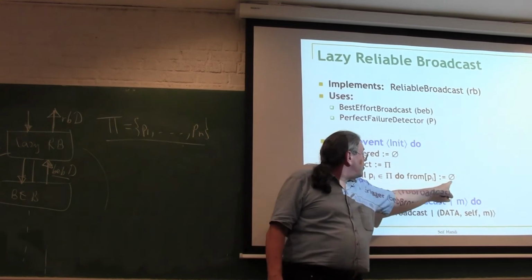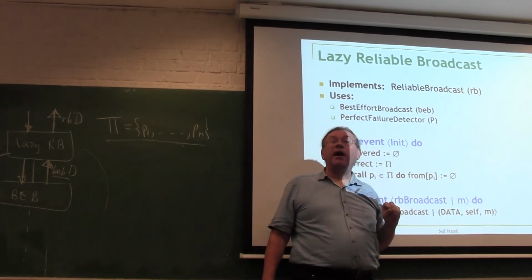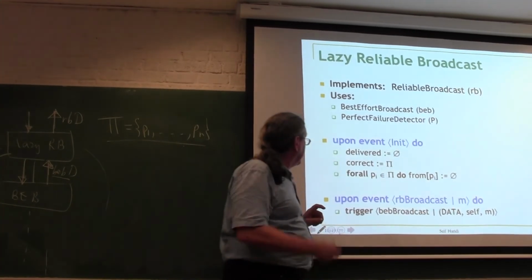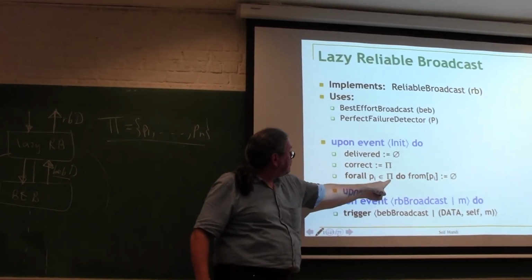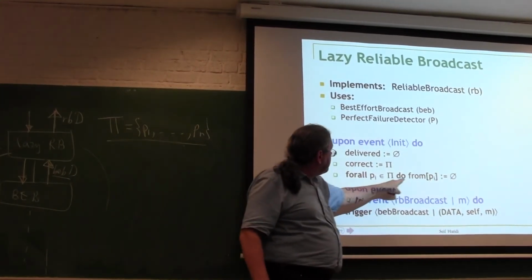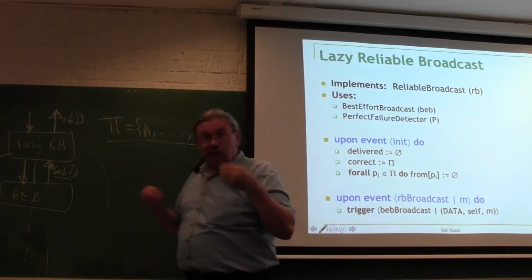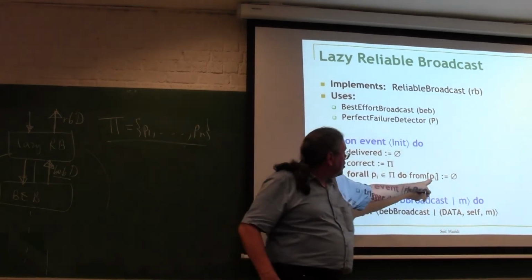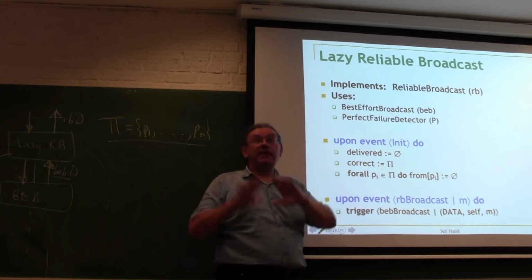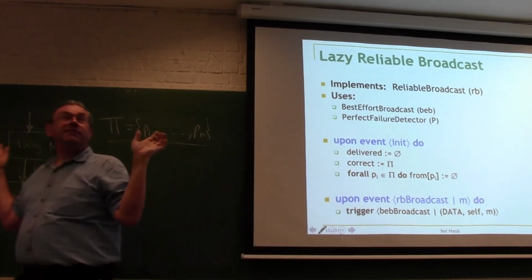So we know things that are coming from Pi. It starts by being empty. For all Pi elements of big Pi, it's the empty set. So this is keeping track of the messages coming, indexed by the name of the node. So you see it's very nice pseudocode. I'm assuming this very sophisticated data structure, very easy. Okay?